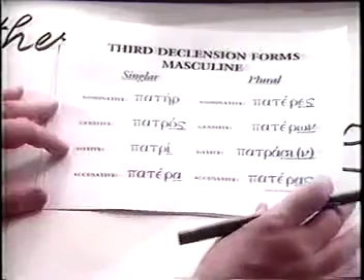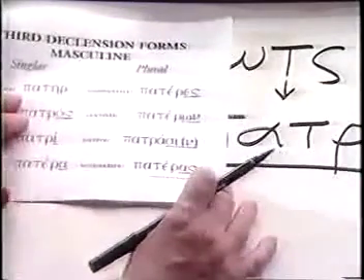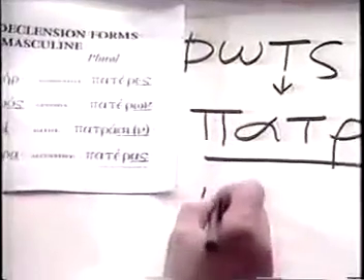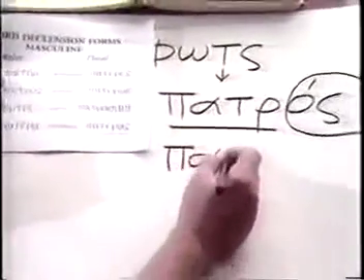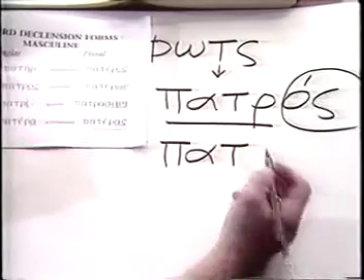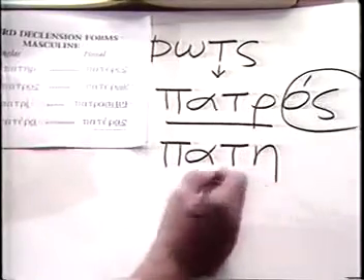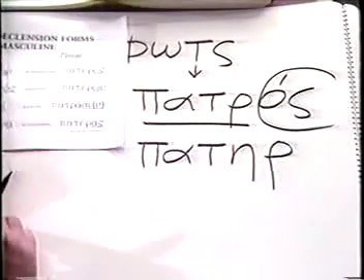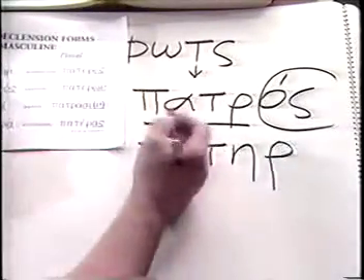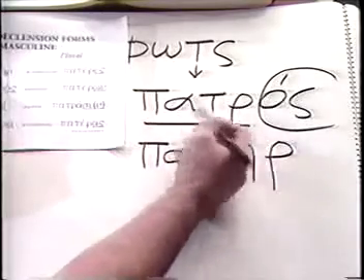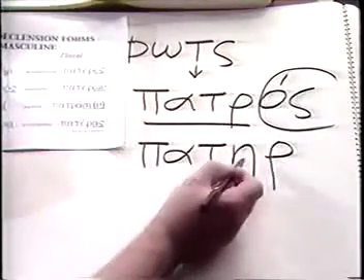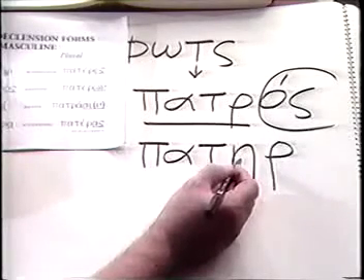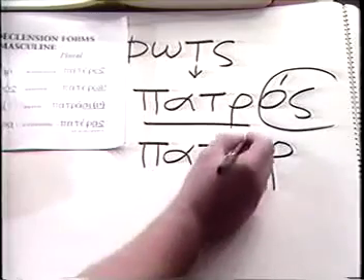But now look at the nominative. What the nominative does is to take the stem and to insert an E, in this case a long E, for pronunciation. It would be too difficult to say the word patr. So an E is inserted there. It's called an epenthetic E. It helps us to pronounce the word pater.